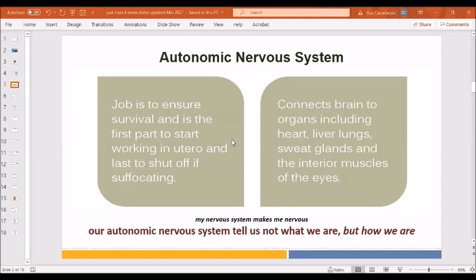The other part of our stress response is through what we call the autonomic nervous system. And this is the nervous system that is under subconscious control.